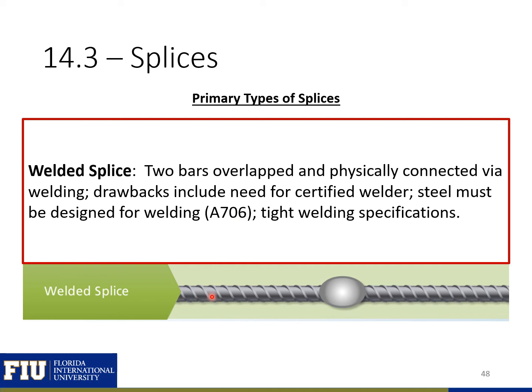So you need different reinforcement, and you need to make sure that that weldable reinforcement gets installed in the correct locations where you will have the welded splices. The other drawback is just tight welding specifications in general. So in general, a welded splice is not an ideal splice location for the field.